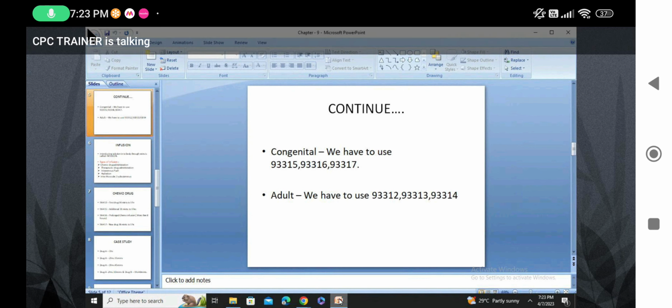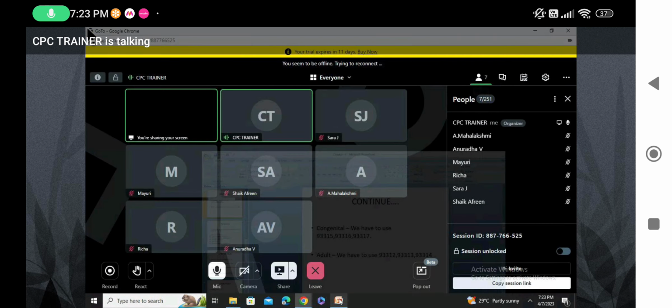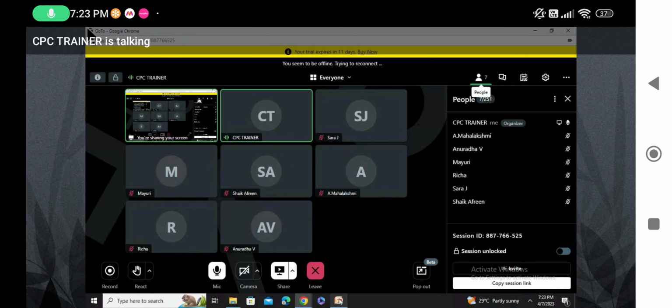Okay, so that's all. For congenital also the same descriptions, guys: 93316 is probe placement, 93317 is interpretation and report, and 93315 is probe placement with the interpretation and report. So these are the codes.